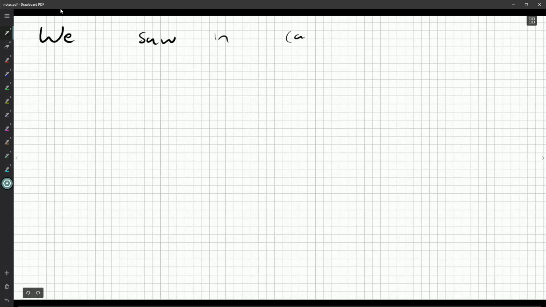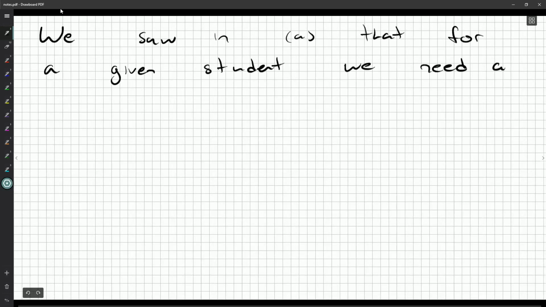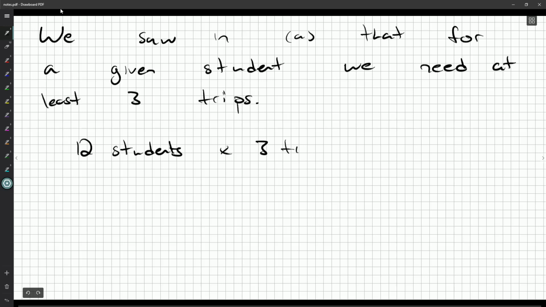We saw in A that for a given student, we need at least 3 trips. Okay, now we've got 12 students times 3 trips, so you might think the answer is 36, but we're counting each student twice.